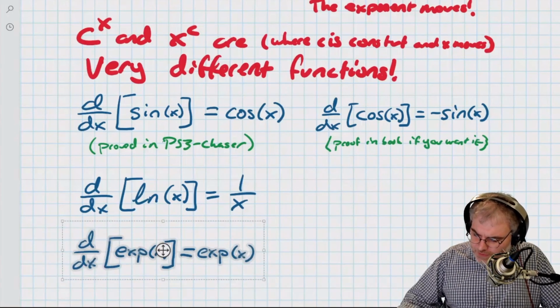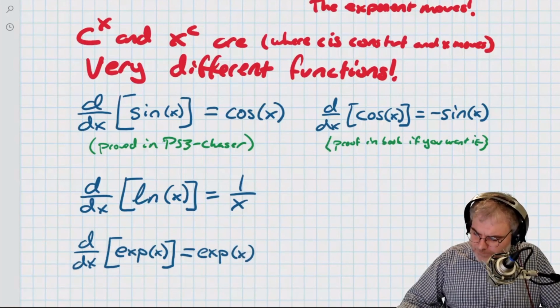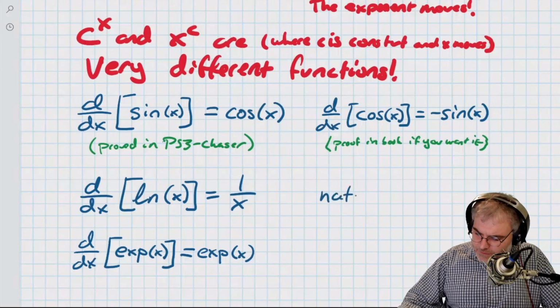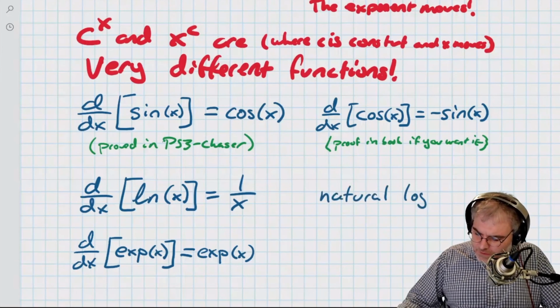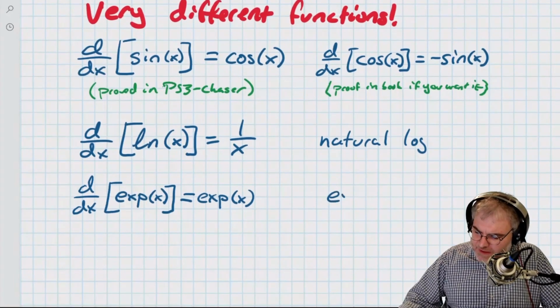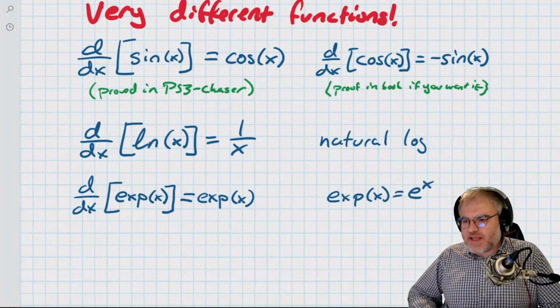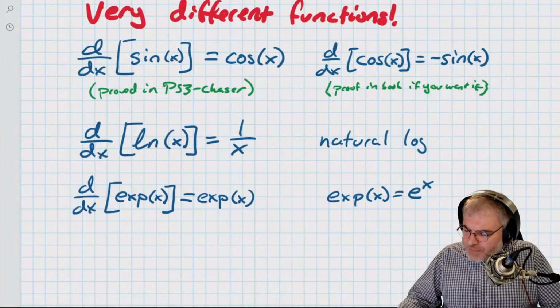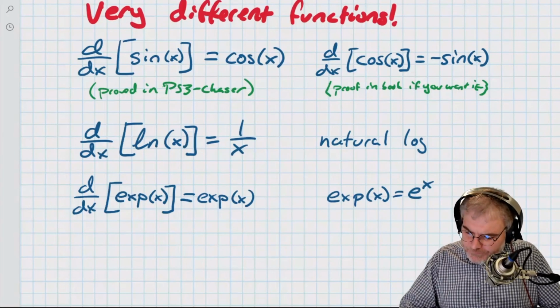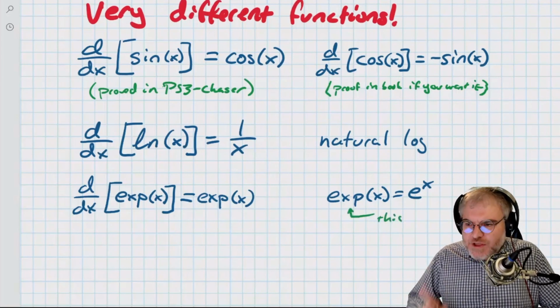Okay, so this is the log function. Let me actually say what it is so you can look it up. This right here is the exponential function. So exp of x equals e to the x. Yes, those are the same things. But in many places you see this. Especially in biology.